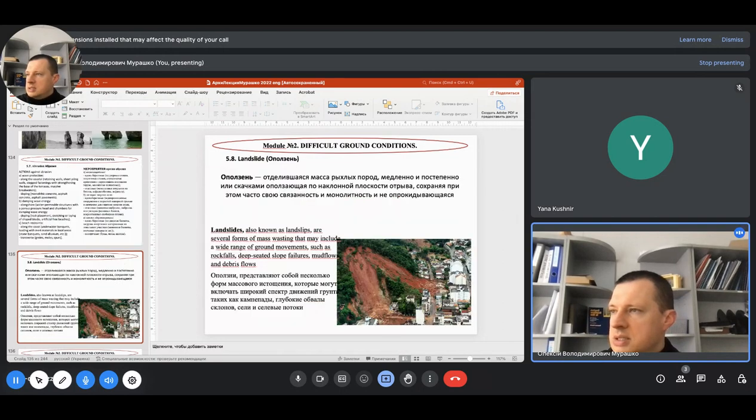Next, the difficult ground conditions that we also have to discuss, and it is really important for Odessa, because abrasion, karst and the like can all be at our construction sites. And also landslides are really dangerous for our buildings.